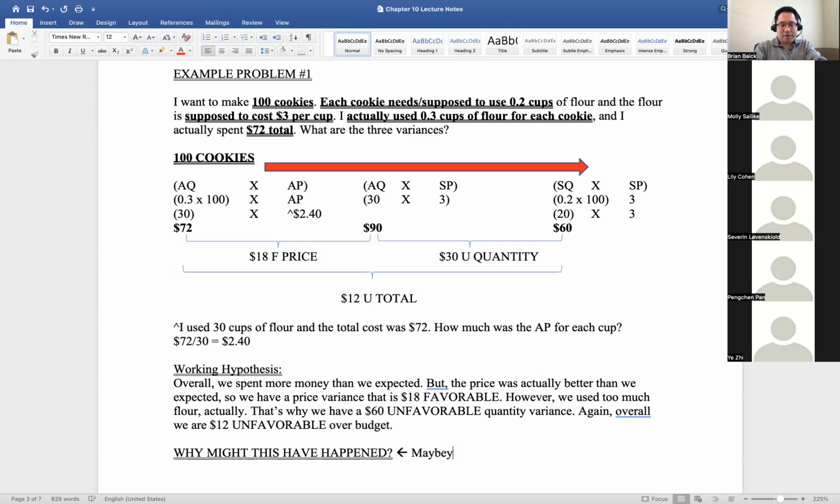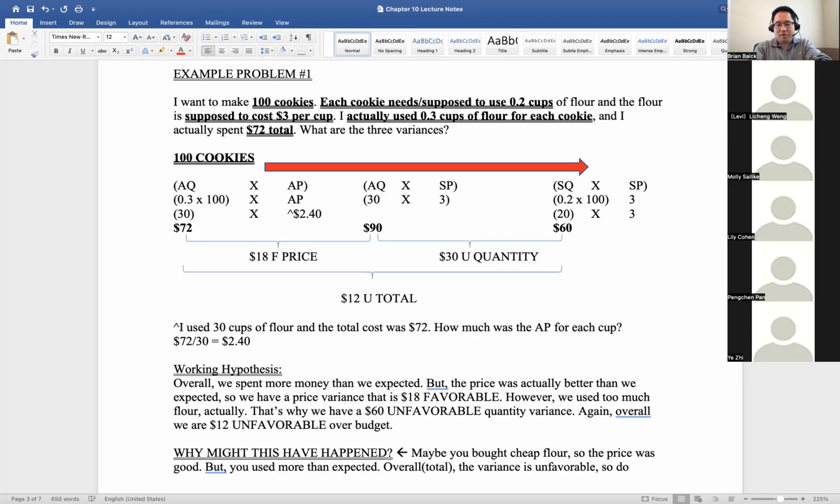Maybe you bought cheap flour, so the price was good, right? But you used more than expected. Overall, or total, the variance is unfavorable, so don't do this anymore.